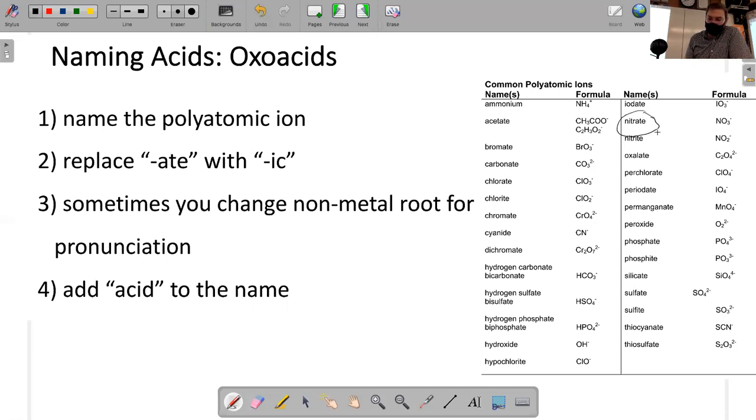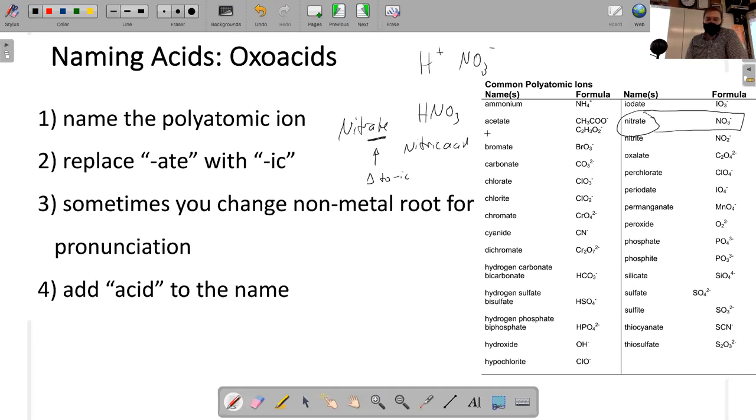The nitrate anion is NO3 minus. So I have hydrogen and then NO3, the formula for nitrate, and nitrate changes to ic. So instead of hydrogen nitrate, the ate changes to ic, and the name of HNO3 is nitric acid.